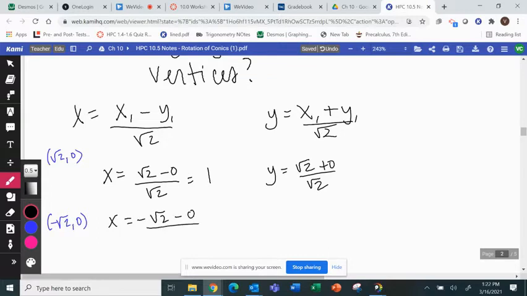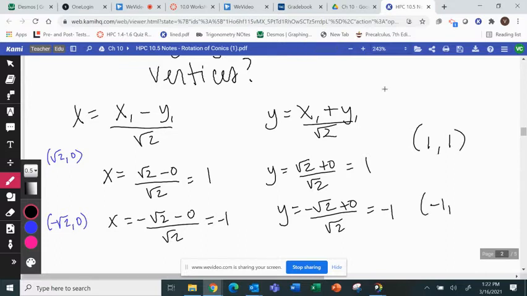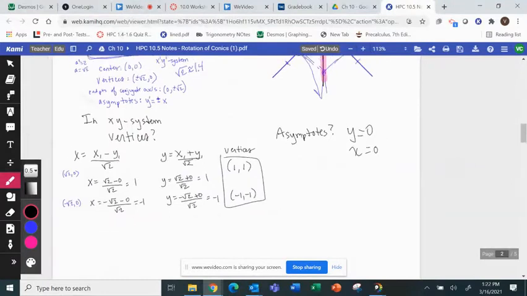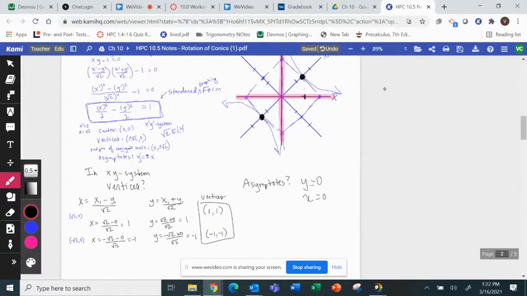I'm going to do a separate time for the negative square root 2. So the vertices in the XY system, after plugging in, I get x equals 1, y equals 1, so (1, 1). Then I get x equals -1, y equals -1, so (-1, -1). So that's what these points are here.